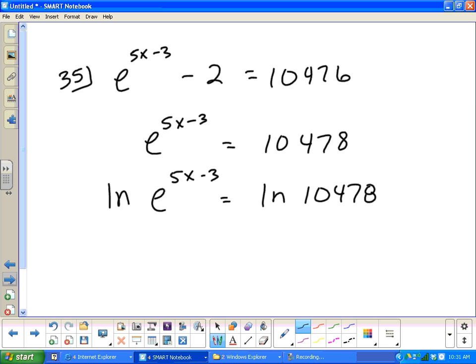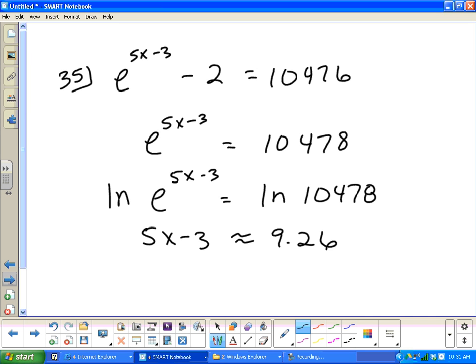The natural log of e to the 5x minus 3 is just 5x minus 3. Do I have to show the middle step? No, you don't. And now the natural log of 10,478 is about 9.26.